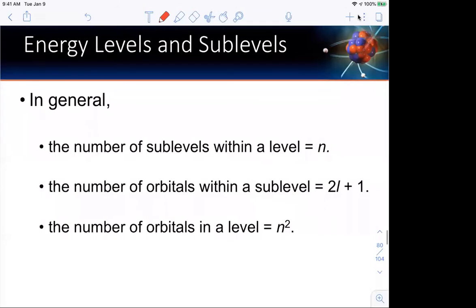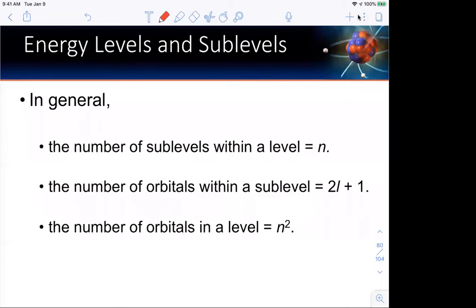So in general, the number of sublevels I have within a level is equal to the principal quantum number. So in n equals 1, I have 1 sublevel. In n equals 2, I have 2 sublevels. That sort of stops after n equals 4.